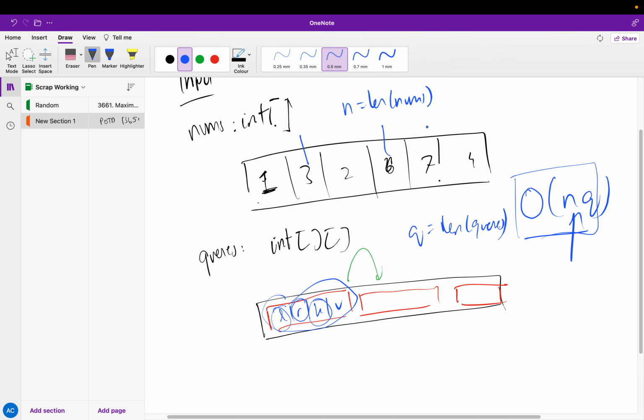We have to touch every single value that's mentioned in this query. So if, for example, K is 1, this is probably the most extreme case, and L is 0 and R is n minus 1, then you're literally going to have to multiply every single value. And if you do that Q number of times, where Q is the number of queries, then we get this extra factor.